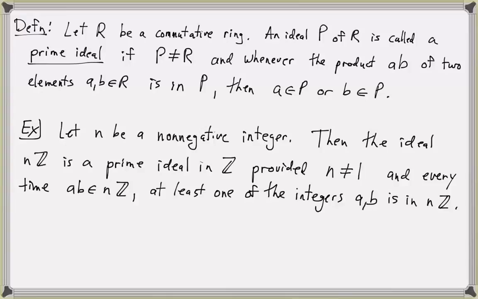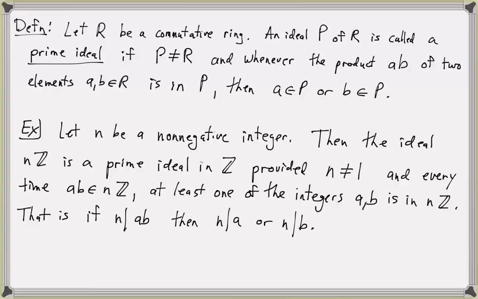That is, if n divides the product AB, which is the same as saying that AB is in the ideal generated by n, then n divides A or n divides B. But if you think of this, we have a non-negative integer that's not equal to 1, and anytime it divides a product, it divides one of the factors.